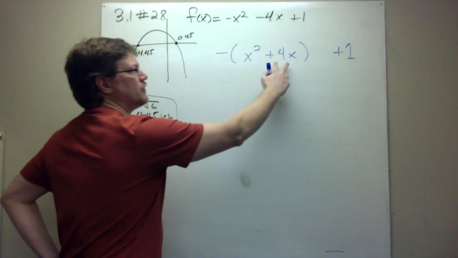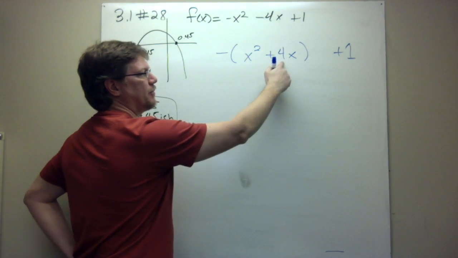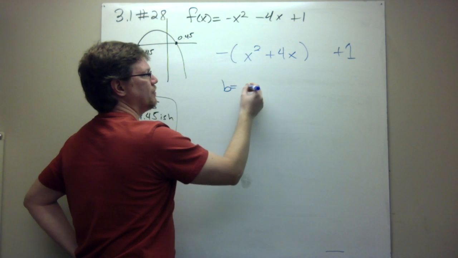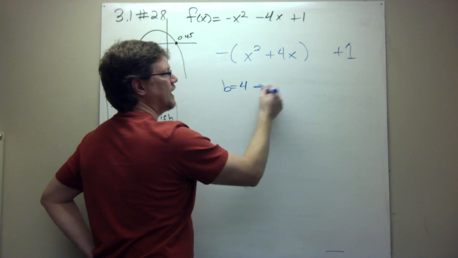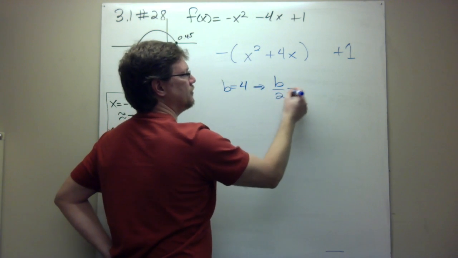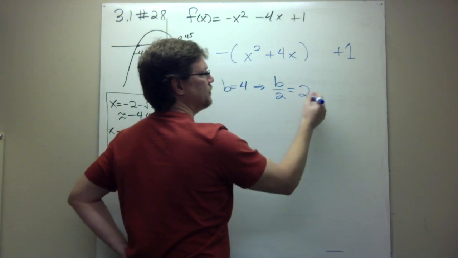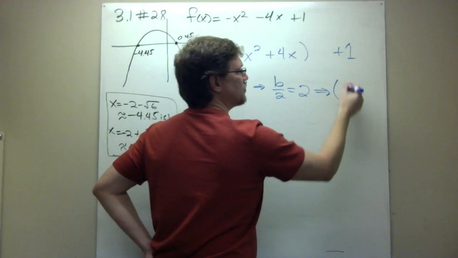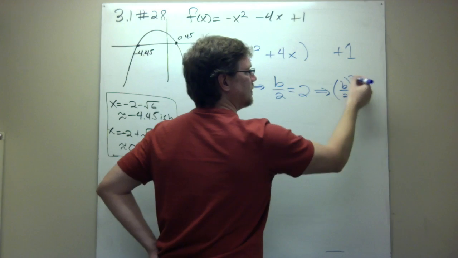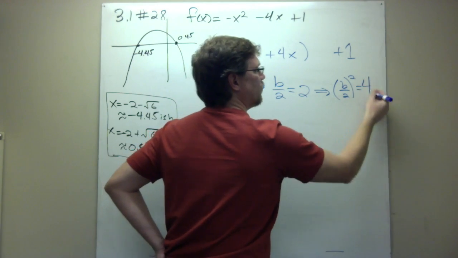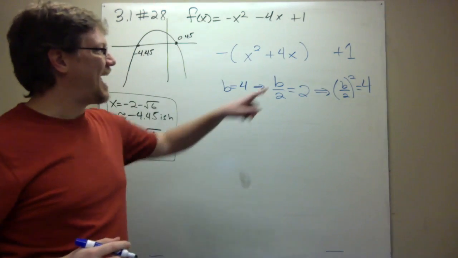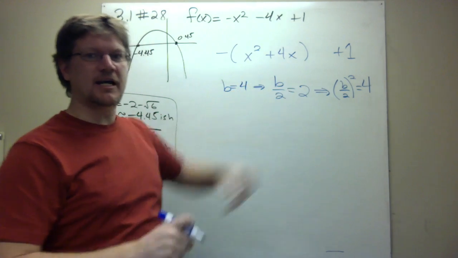Now we want to find the number in front of our x. Let's call that b. We calculate from that b over 2. Well, half of 4 is 2. And then we square that. 2 squared is 4. Now we add that and subtract that inside of our parentheses.